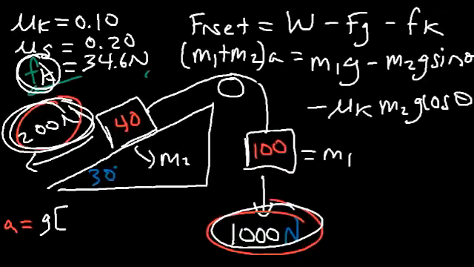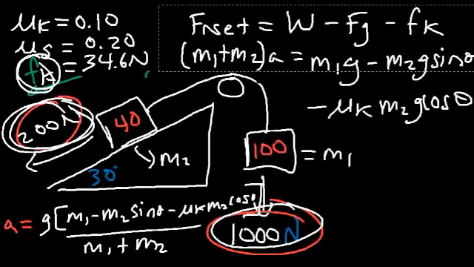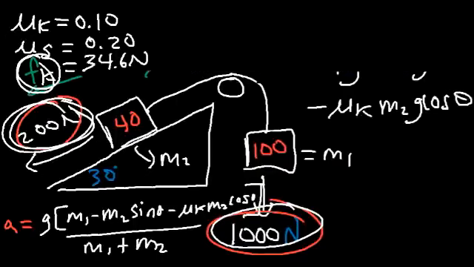It's going to be m1 minus m2 sine theta minus mu k m2 cosine theta, divided by m1 plus m2. So you can save that equation for this situation if you want to.